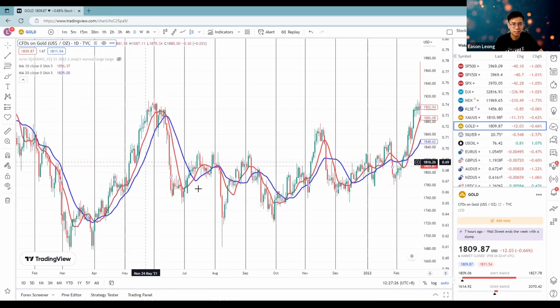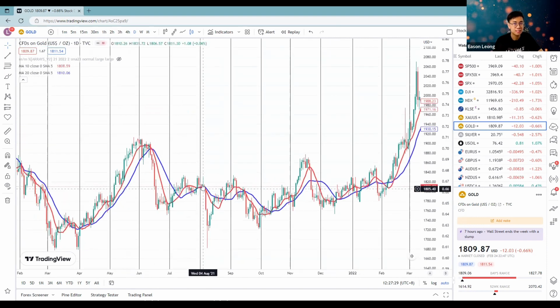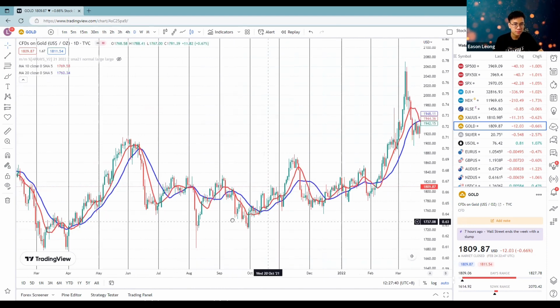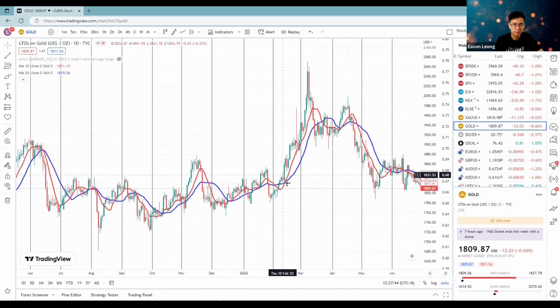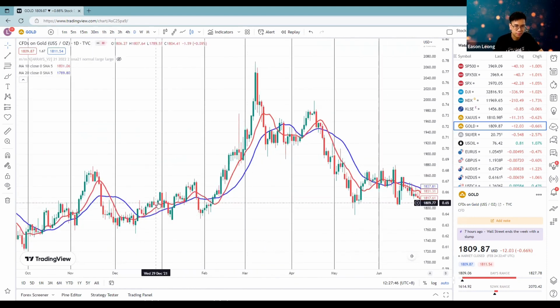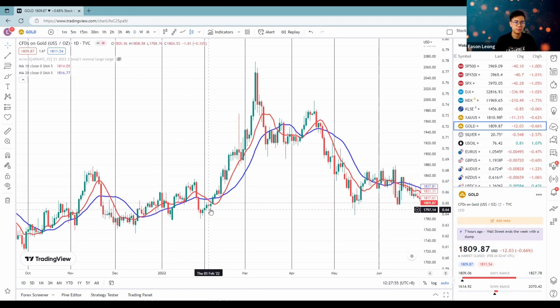When it comes to a ranging market and crosses down, instead of making a sell trade, why don't you just make a buy trade? You can buy low and sell high, because you sell from away from the moving average. Correct? And in this case, it goes up, then crosses down. Cross down, you make a sell. Then it goes out again, then you hit a stop loss. Then you will get frustrated about what is happening.